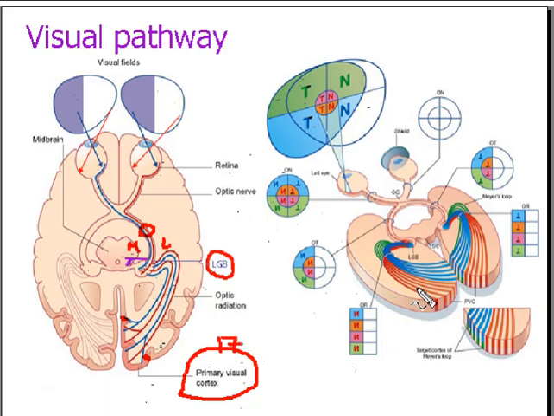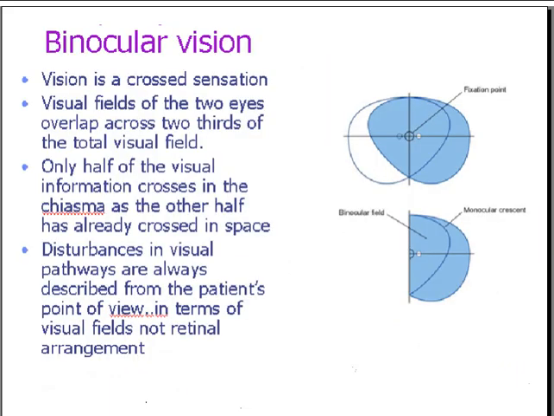Now let's move on to the next slide, and here talk a little bit about vision as we see in humans. One is, of course, that binocular vision is a cross sensation. You saw how it crossed first in space, so there was a crossing in space, and then once it came into the retina, you saw how the nasal fibers, the medial fibers, crossed in the optic tract.